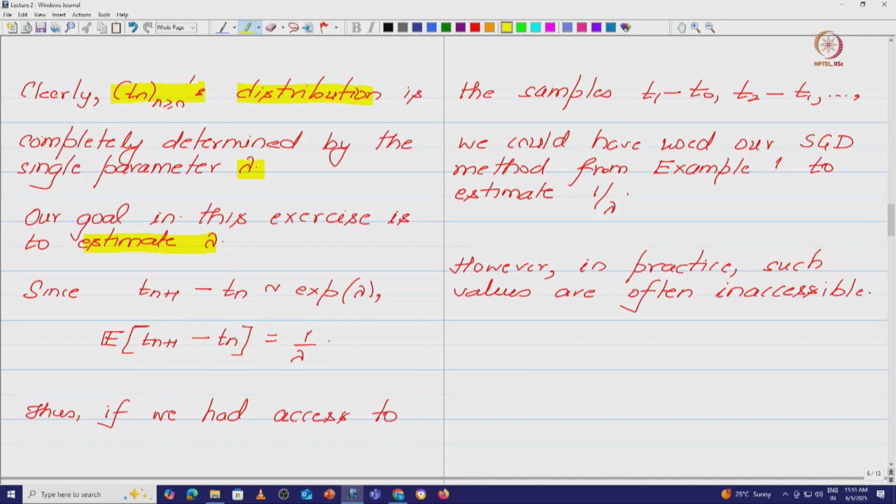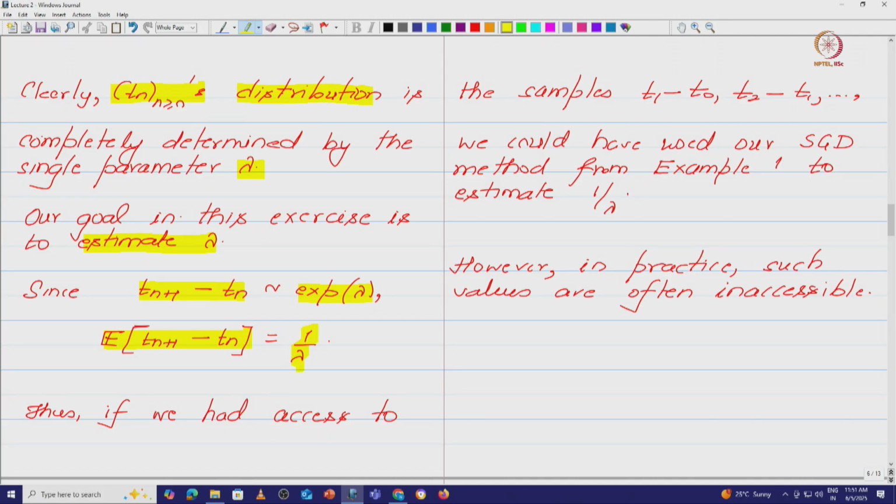As I said, lambda is the rate of these exponential random variables. Recall that Tn plus 1 minus Tn is exponential with rate lambda, which implies that the expected value of Tn plus 1 minus Tn is 1 over lambda. So we want to estimate lambda, which can be equivalently posed as wanting to estimate 1 over lambda.